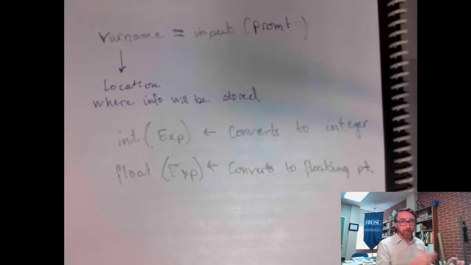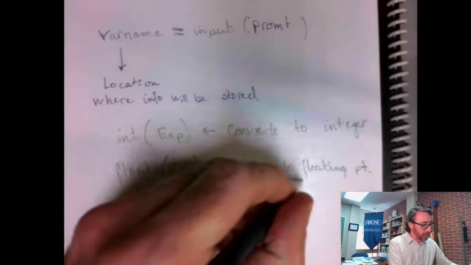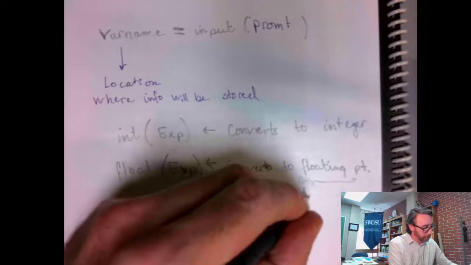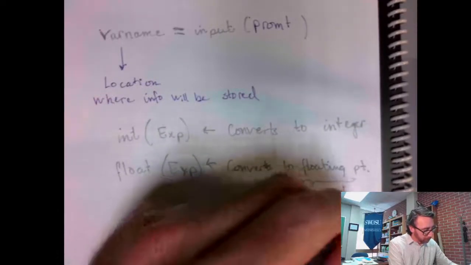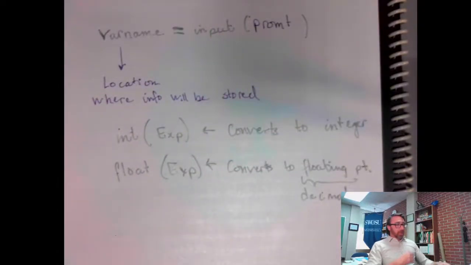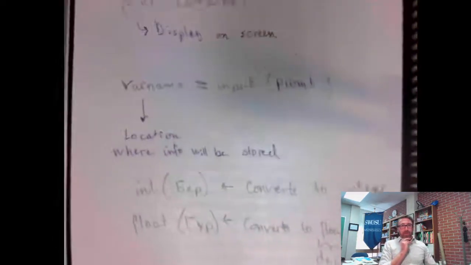Okay. Floating point, of course, is a decimal. All right. So those are the basics that we've covered already.